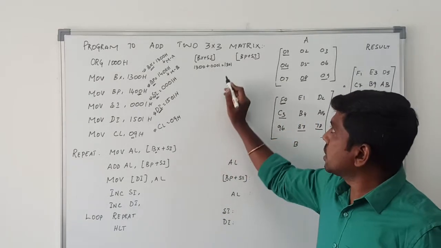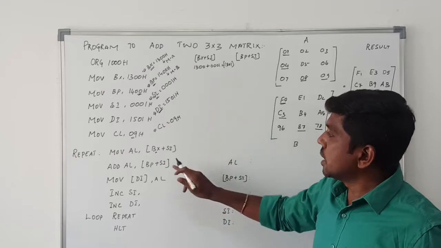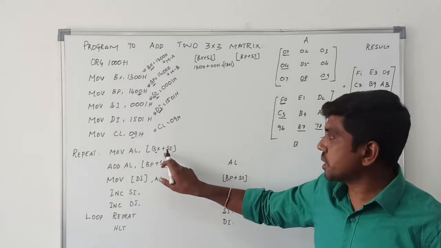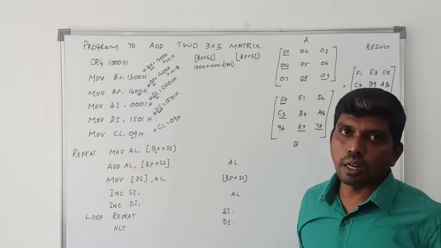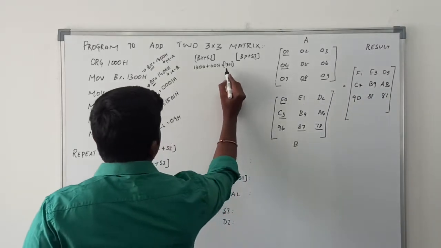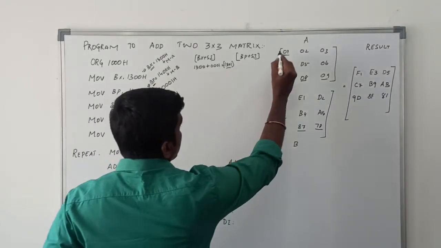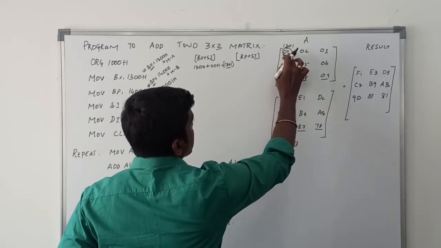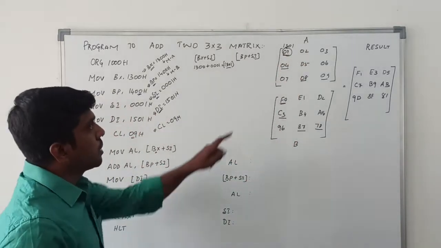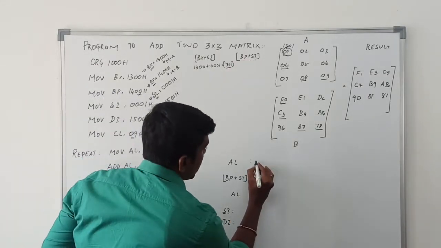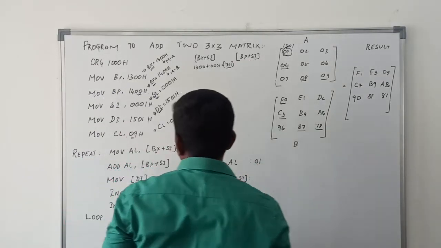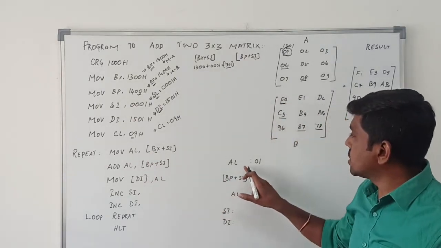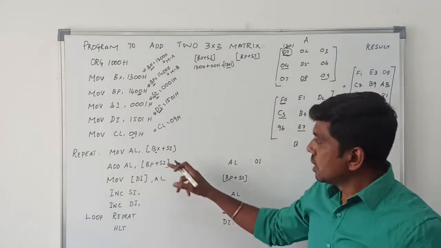Whatever content is present in this memory location is transferred to the accumulator register. This 01 is transferred to the AL register. After execution of this instruction, the AL register content is 01.